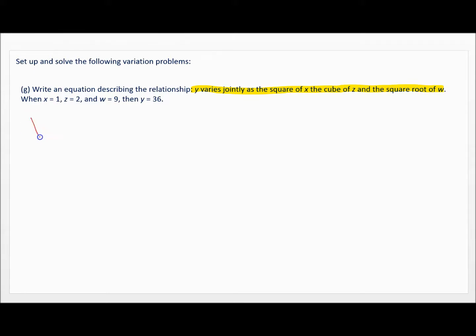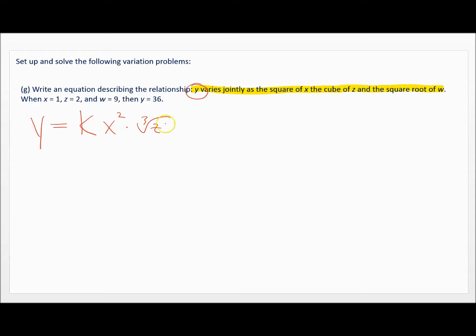So I've got y, because it says y varies, equals. Think about that as the varies part. You've got to have a k. Don't forget the k. That's the constant of variation. Now, jointly, again, multiplication. The square of x, so that's x squared. The cube of z, so that's the cube root of z. No, the cube, not the cube root.